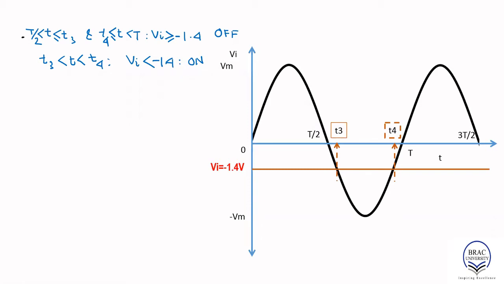So in the last part of last unit, we found out that for negative half cycle, the transition state occurs at Vi equal to minus 1.4 volt.